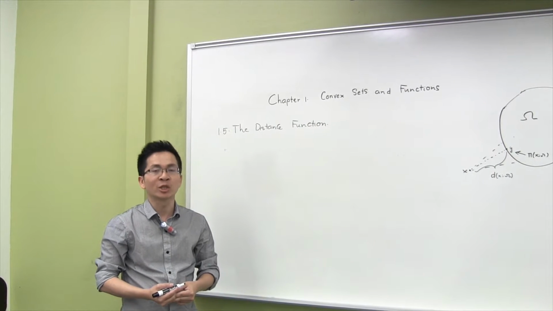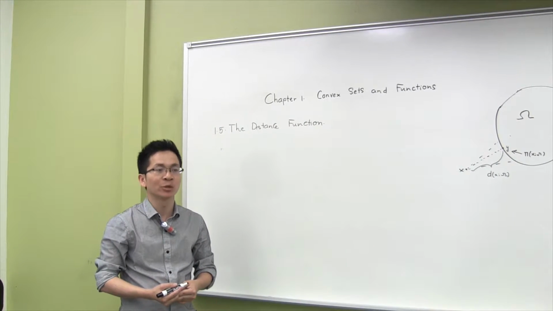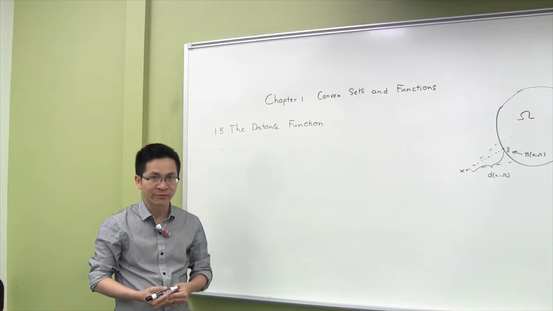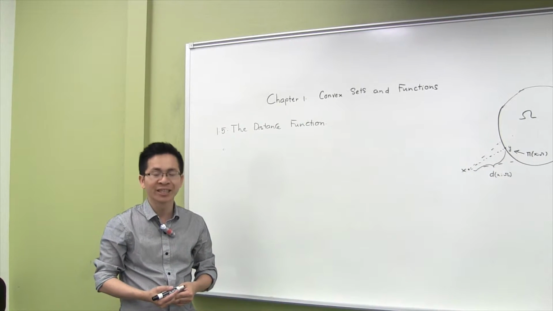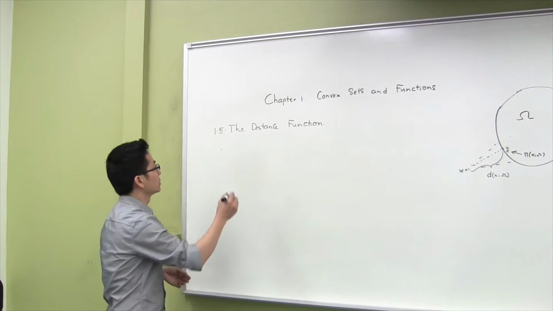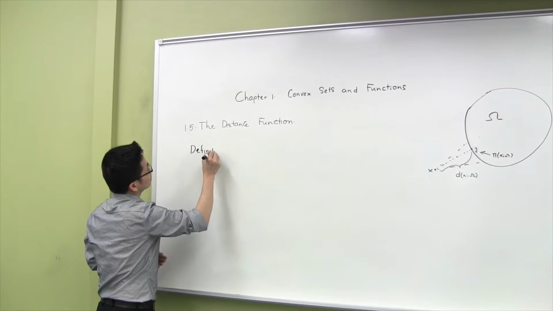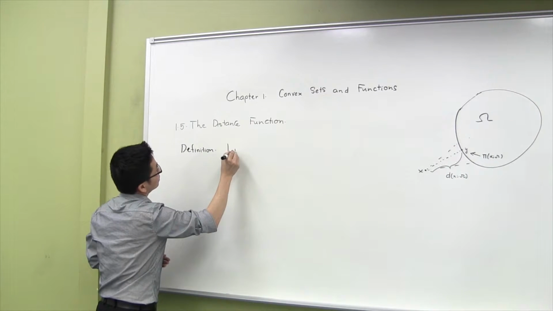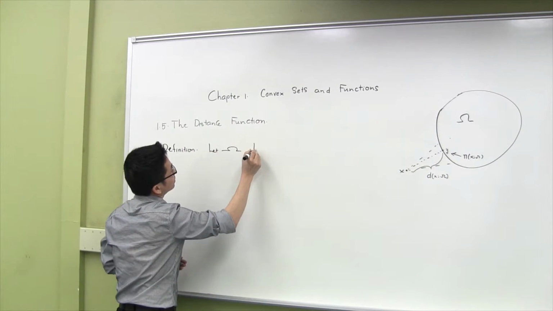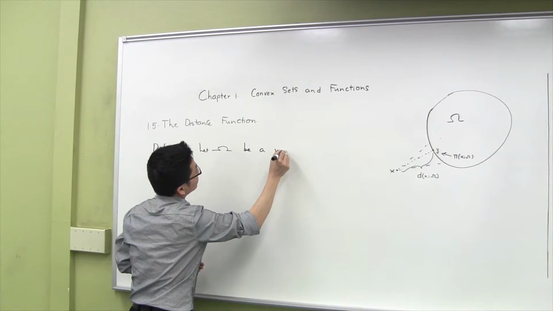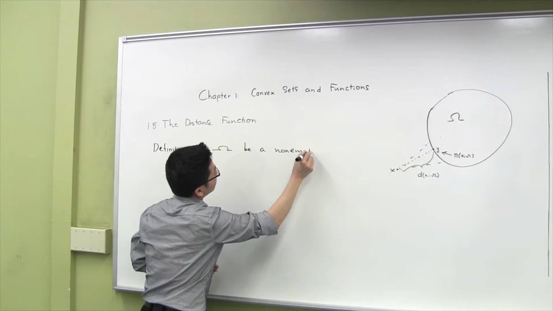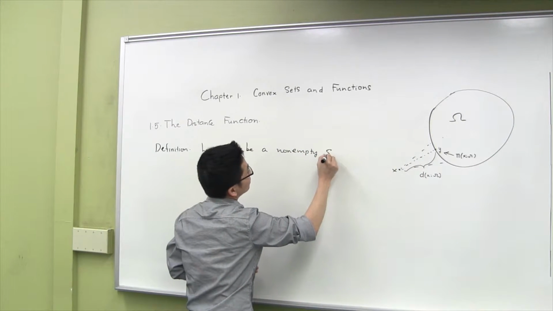Now I'm going to talk about another important concept associated with the distance function. It is called the Euclidean projection. Let omega be a non-empty subset of Rn.